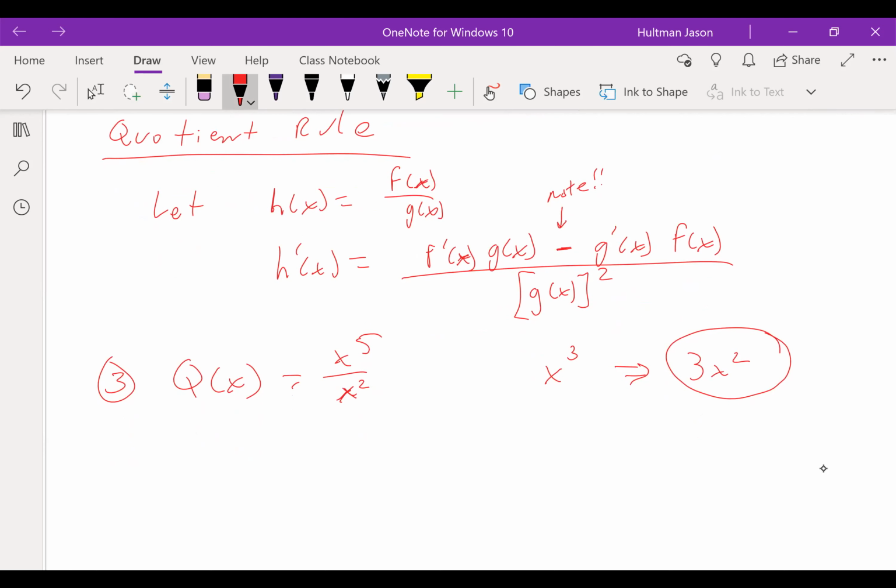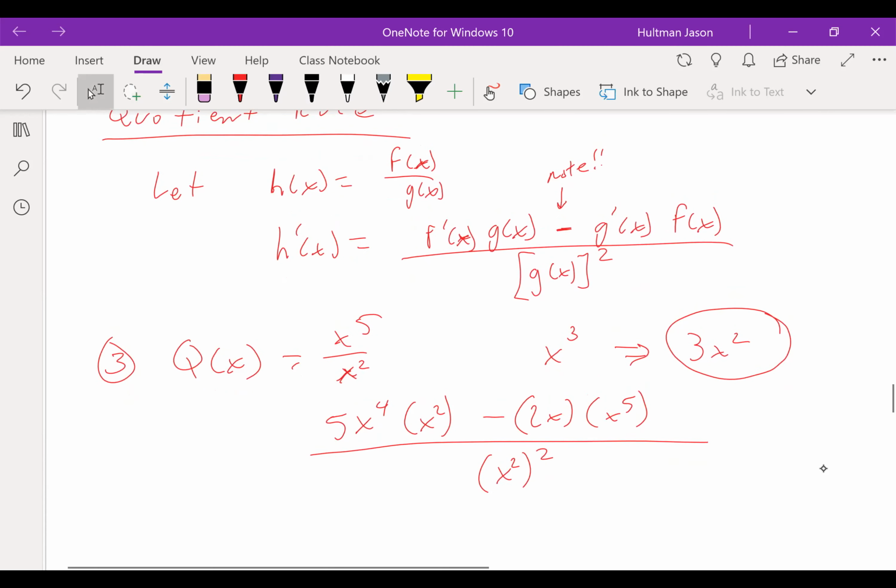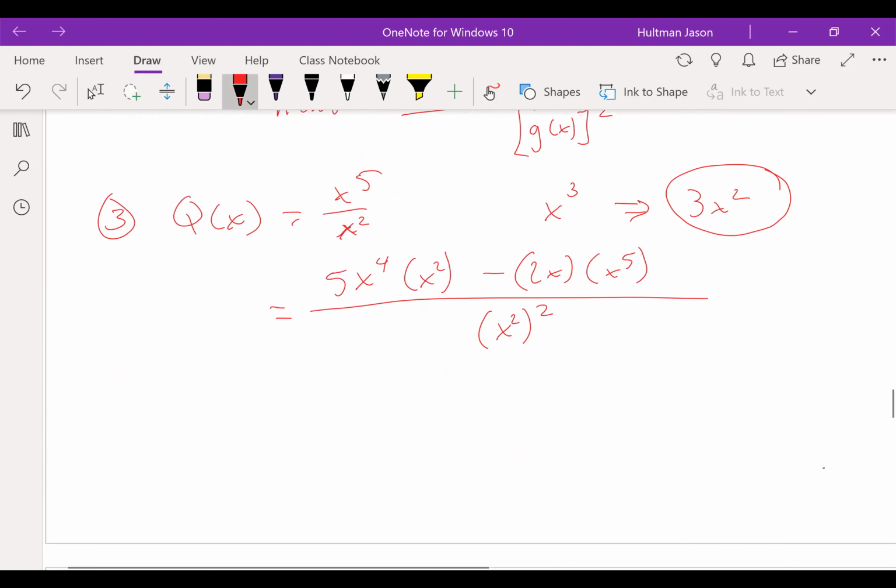The derivative of the top is 5x to the 4th times the bottom, minus the derivative of the bottom, 2x, times the top, x to the 5th, all over the bottom, which is x squared, squared. That's the quotient rule. Let's simplify this thing.